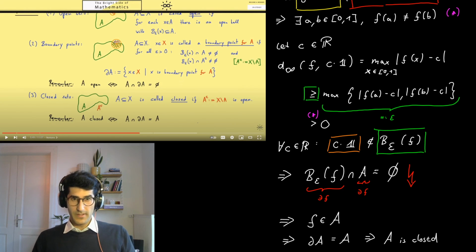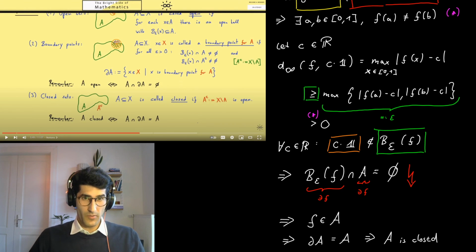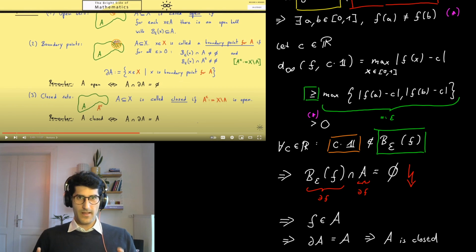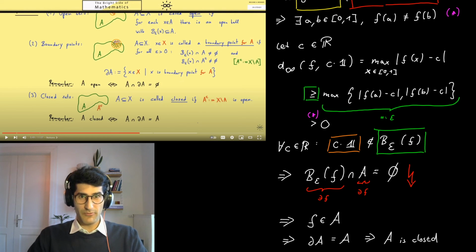Not being open does not mean that one is closed. Being open is equivalent to the complement being closed. Be careful with this terminology. It can be confusing, and it takes a lot of caution not to fall into a trap here.